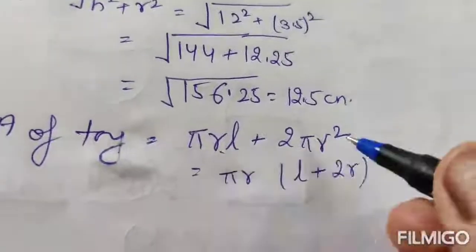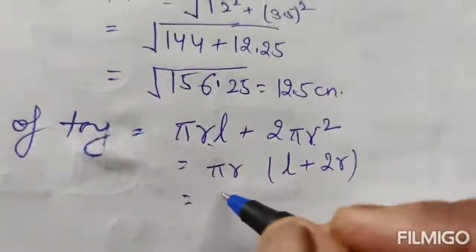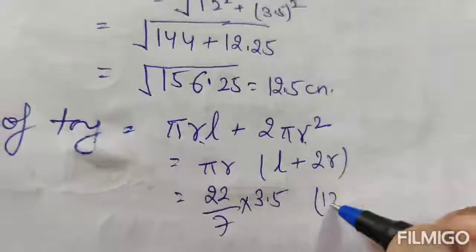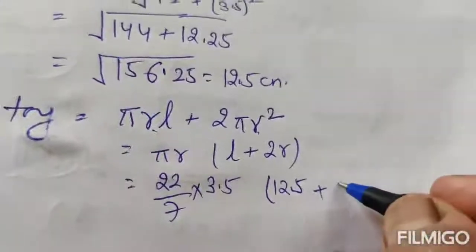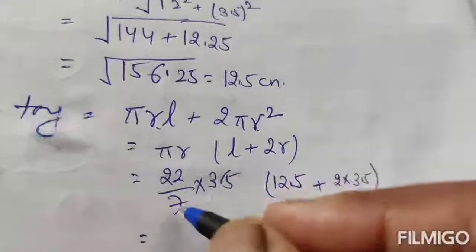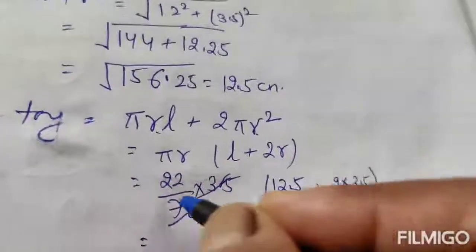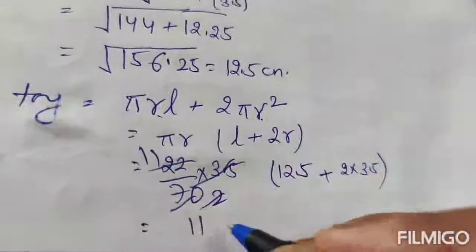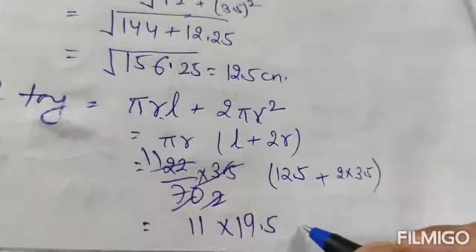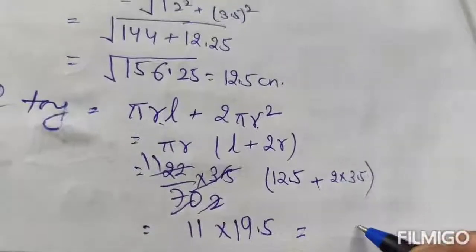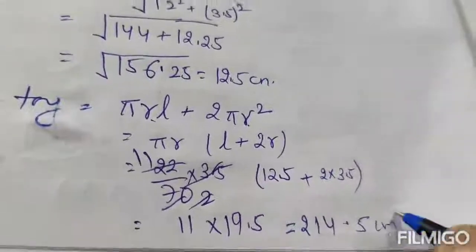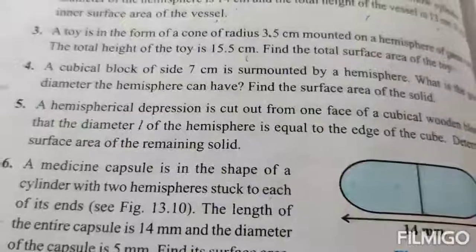Pi is 22 by 7, r is 3.5, l is 12.5 plus 2 into 3.5, which is 7. 12.5 plus 7 is 19.5, and multiplying this we get 214.5 centimeter square. Okay.